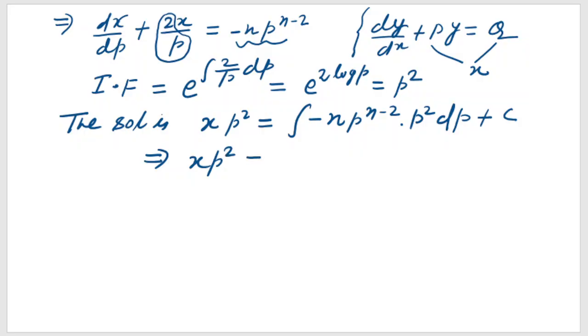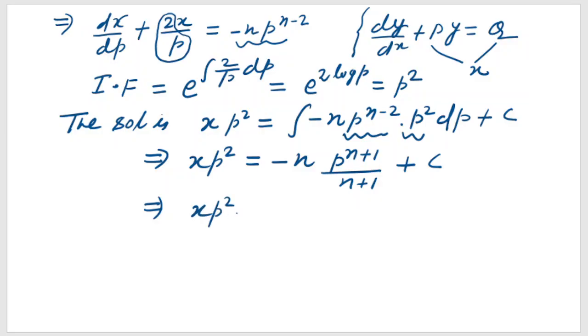Xp square is equal to minus n, and here it is p to the power n minus 2, and here it is p square. So p to the power n, if I integrate it, I will get p to the power n plus 1 by n plus 1 plus c. So here we have got xp square plus n by n plus 1 into p to the power n plus 1 is equal to c, and this is my equation number 2.